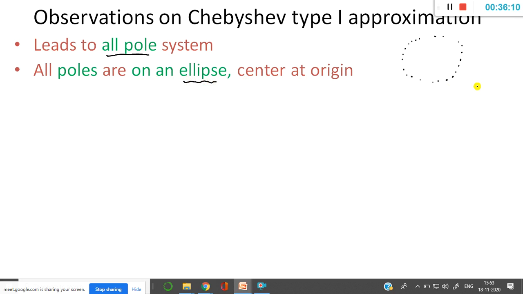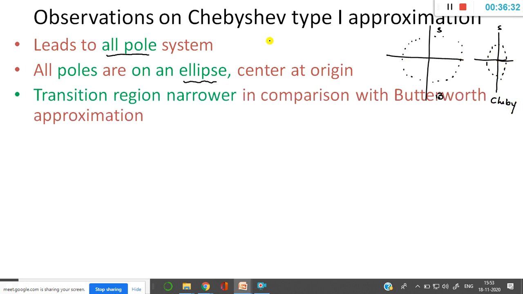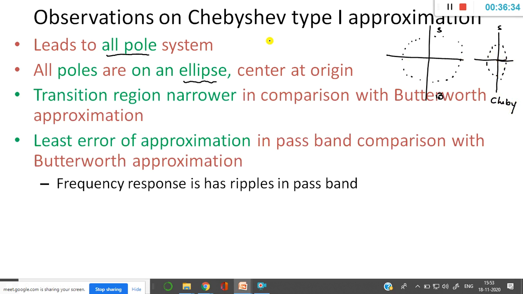In the case of all-pole Chebyshev type 1 approximation, it will give me the shape of an ellipse. This is how I see the S plane, where these shapes appear. So this is for Butterworth, and this is for Chebyshev, which will look like an ellipse.